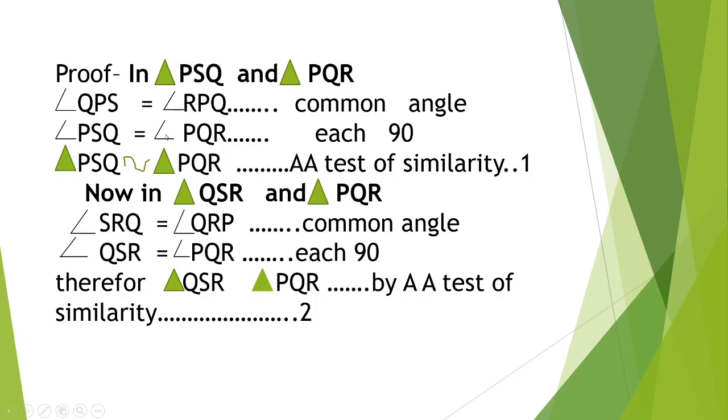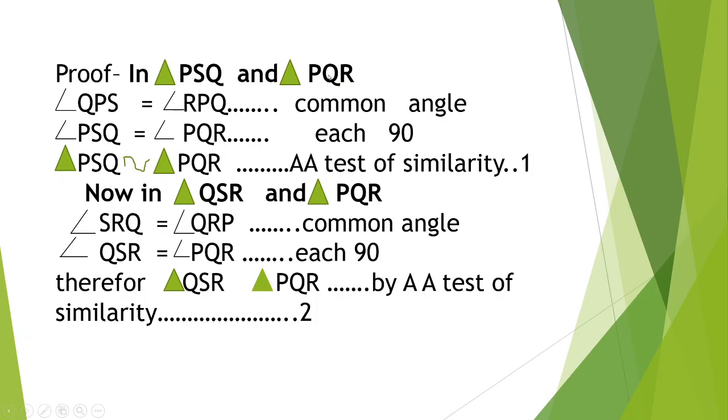Angle PSQ is equal to angle PQR, each angle is 90 degrees. Means both angles S and Q are 90 degrees.